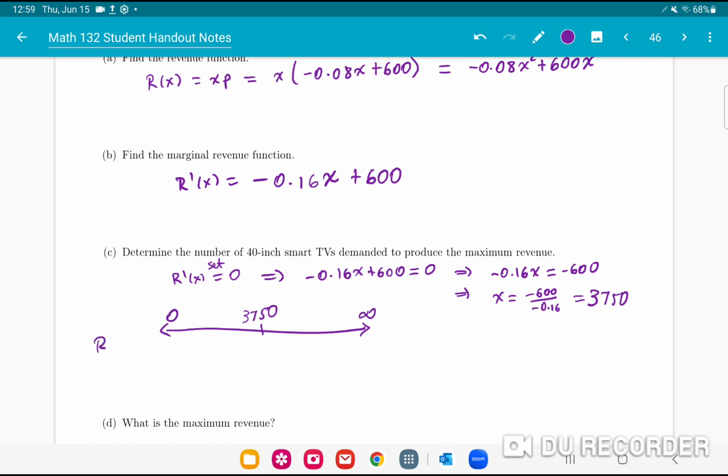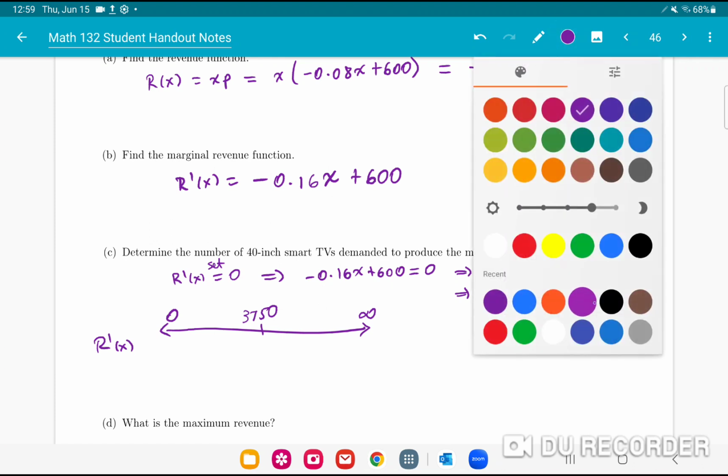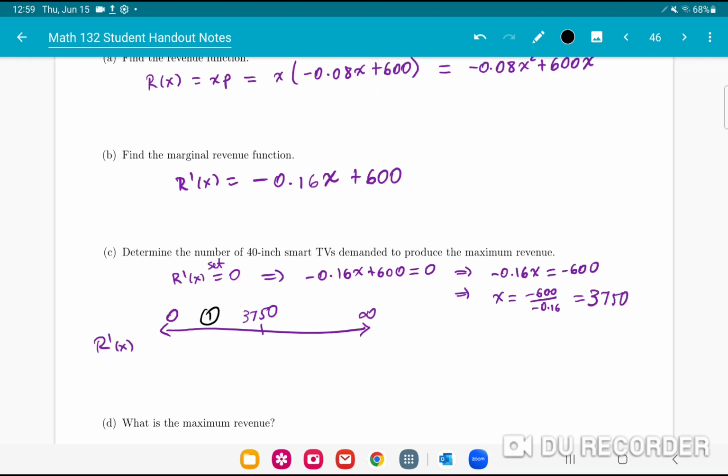Let's see what r prime of x does. Take a test point of, say, 1 and another test point of, say, 10,000, and plug them into r prime.